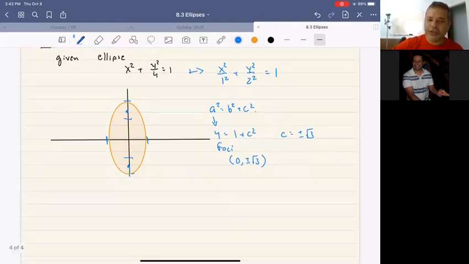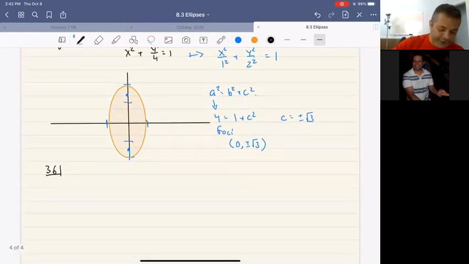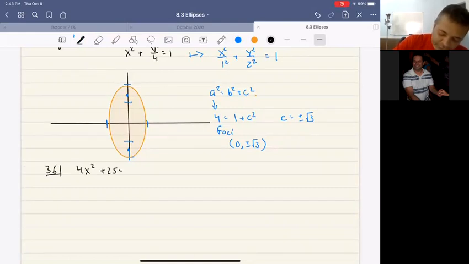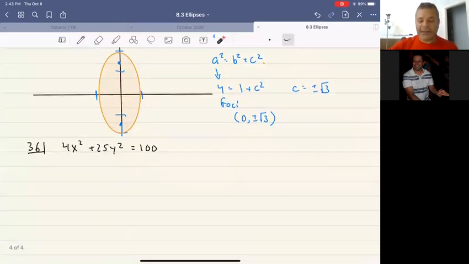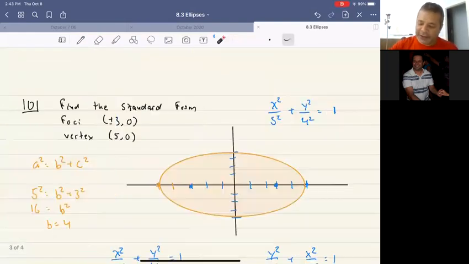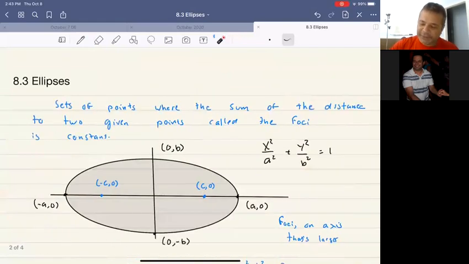All right, let's do another one similar. Number 36, same instructions. They give us 4x squared plus 25y squared equals 100. Now, one thing to keep in mind: I don't like that 100. If I go back to my form of an ellipse, I always had a 1 over here. So let's make it so.